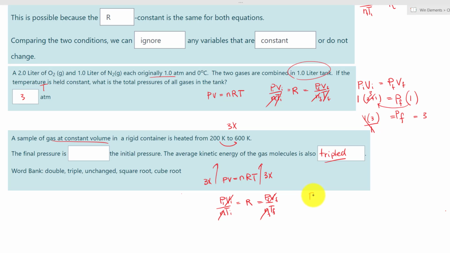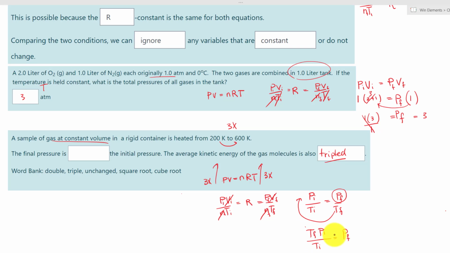So what we have here is Pi over Ti, and then we have Pf over Tf. See that? How it cancels everything else? So to solve for the final pressure, all you have to do is bring this over here. So we have Tf times Pi divided by Ti, and that's equal to Pf.